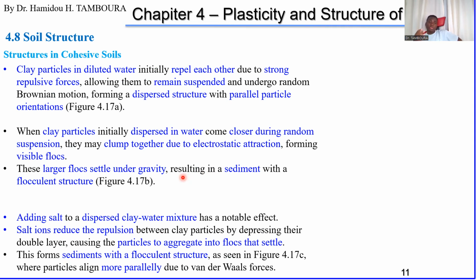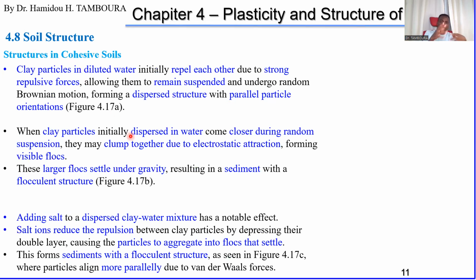If you put soil particles in water, initially they repel each other due to strong repulsive forces. This allows them to remain suspended in the water, and they undergo random Brownian motion.